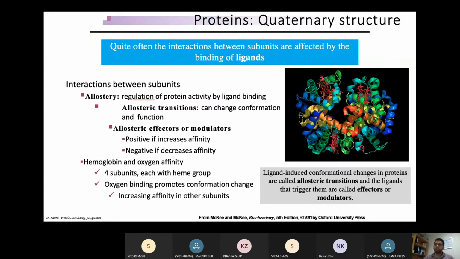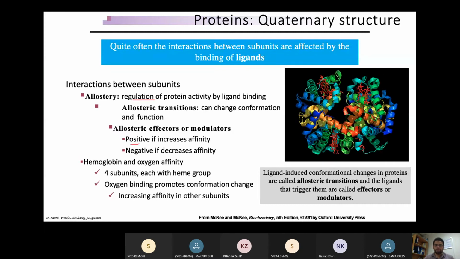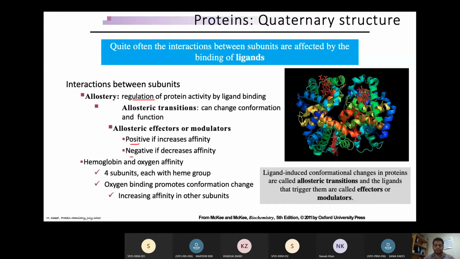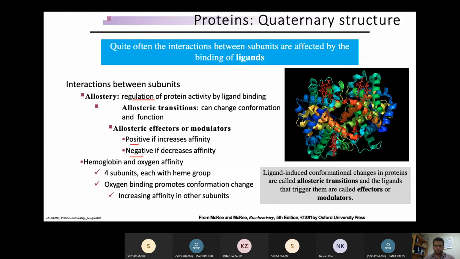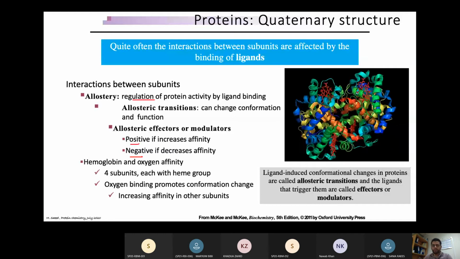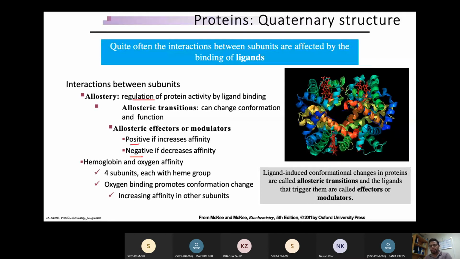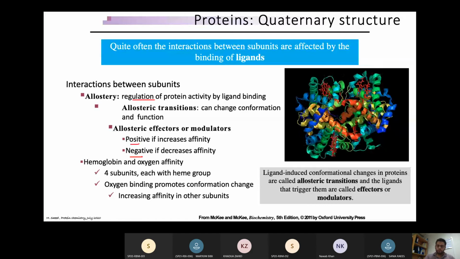And this allostery could be of two types: a positive allostery, and a negative allostery. In referring to the fact that as a result of ligand binding, further ligands could bind. That means it could increase the affinity of the protein to further bind with the ligands, or it could decrease the affinity of the protein to bind to the ligand.